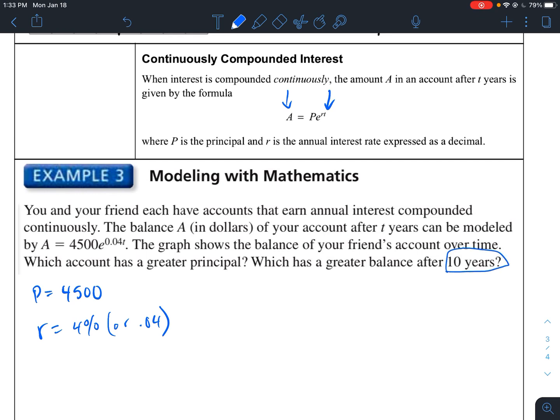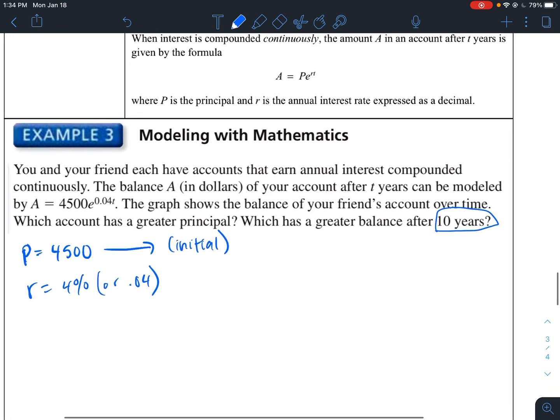First, to explain a little bit more, this P value is your initial value, maybe how much you put into the bank at first, so what you started out with. P is the principal, R is the annual interest rate. So those are what those stand for.